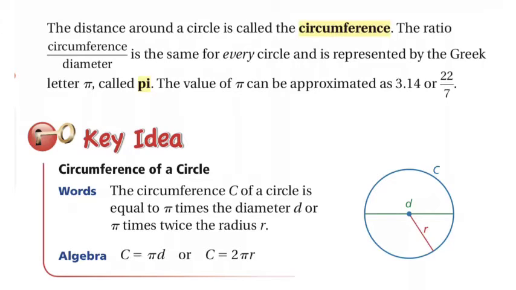When we find the circumference, we always say it's about, whatever answer we come up with. We say about because we don't have the exact answer because we've put 3.14 in for pi. And 3.14 isn't actually what pi is equal to. We can't write down what pi is equal to because it's a never-ending irrational number. So we just write 3.14, and that gets us close enough.